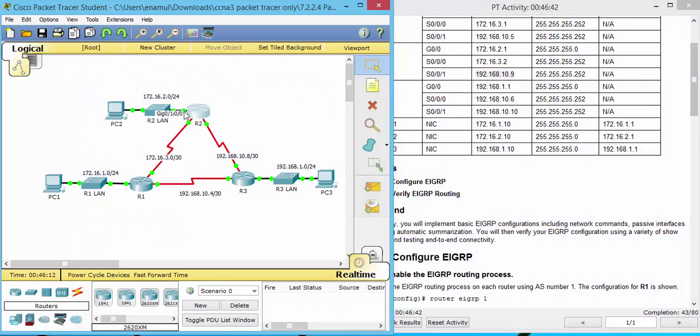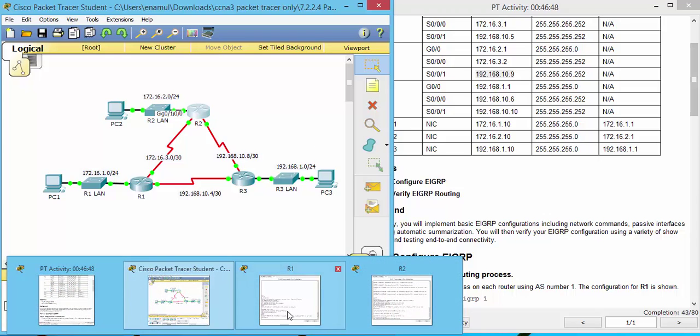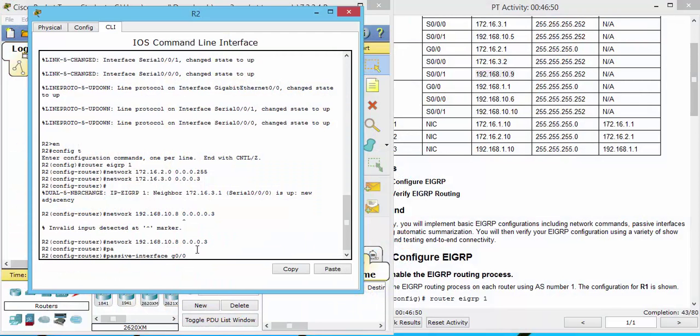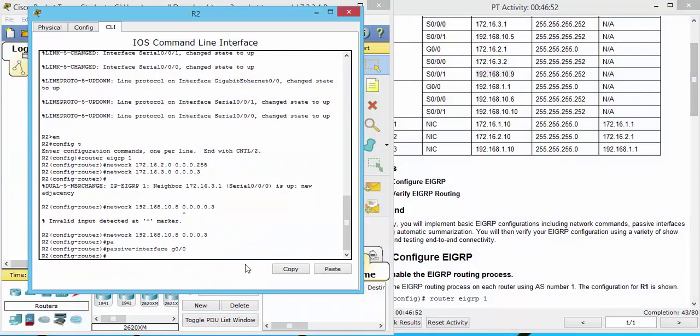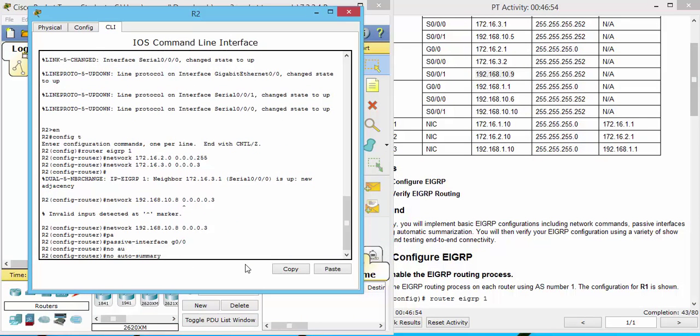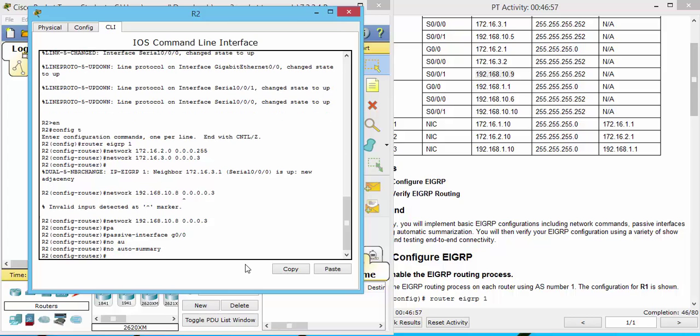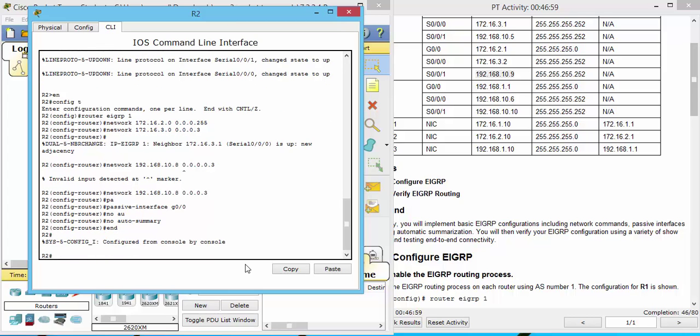This is the port that we're making passive. And you do no auto-summary, and end, copy run start.